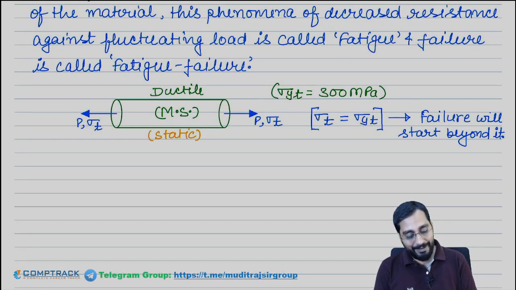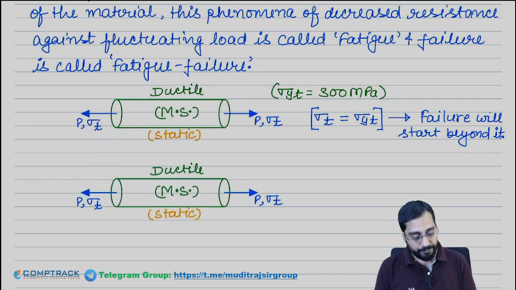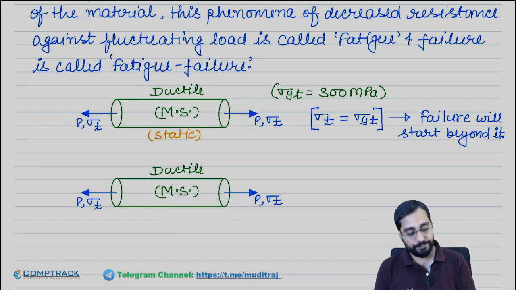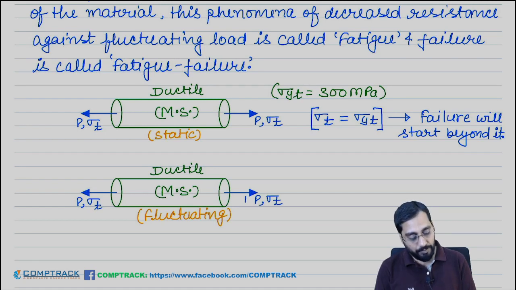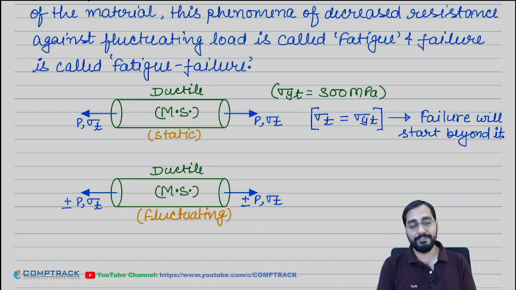But in case of fluctuating loading, this P can be positive or negative, alternating stress, let's say cyclic loading you are applying.